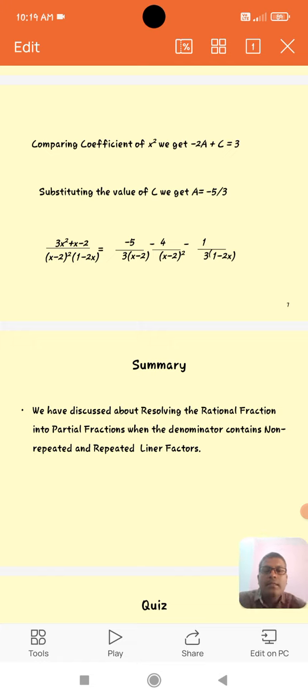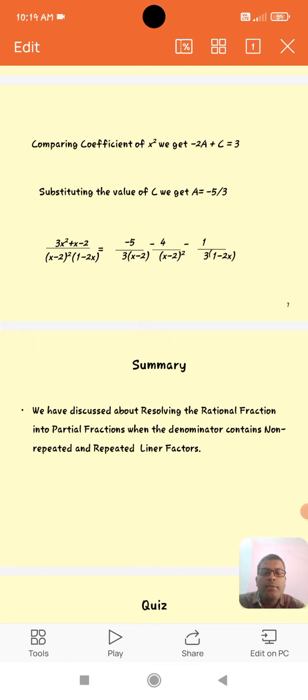In this class, we discuss the repeated linear factors. However many times our factors are repeated, we write that number of constants. Suppose 3 times is there, we write a, b and c. If 4 times is there, a, b, c, d.